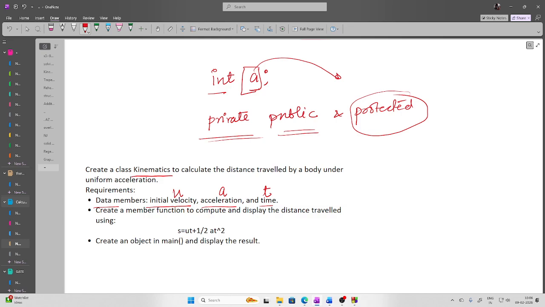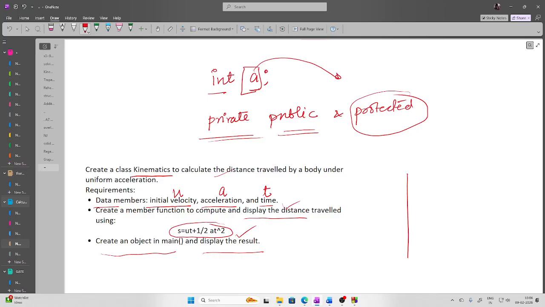Inside that class there is a function which evaluates the distance traveled, and then you create a member function to compute and display. One will be calculating, another one will be displaying. Then you have to create an object of this class and display the result. Now let us do this one by one.